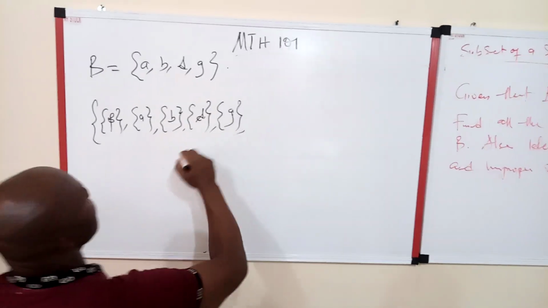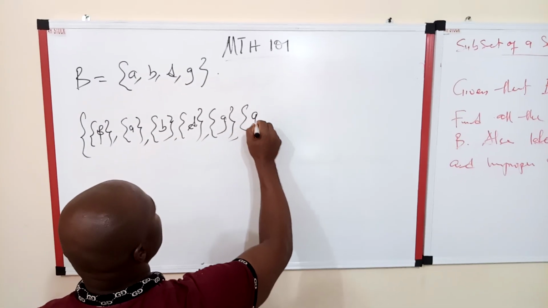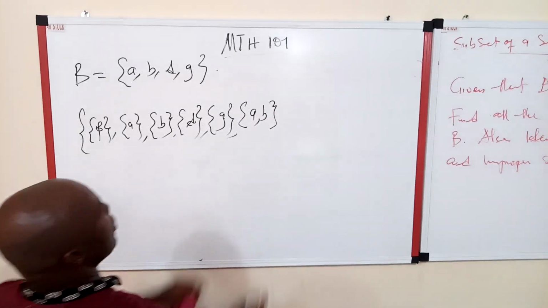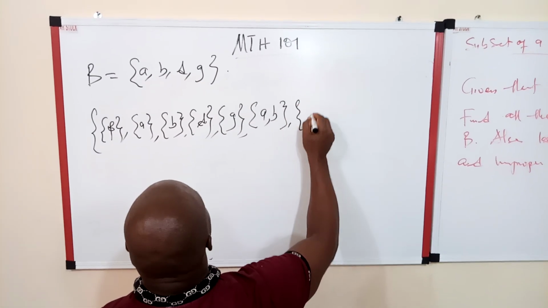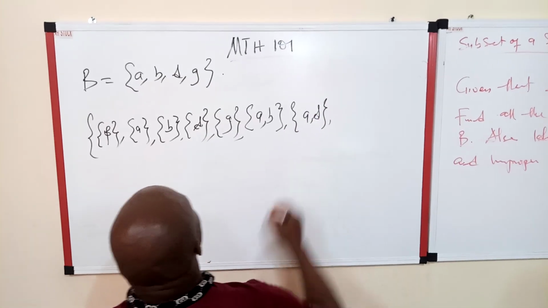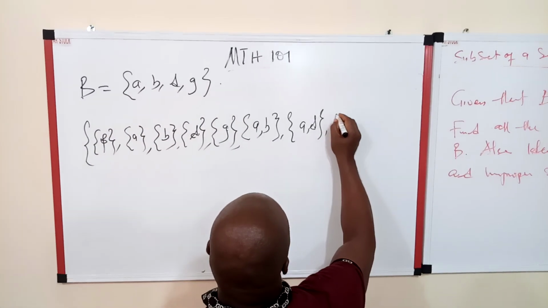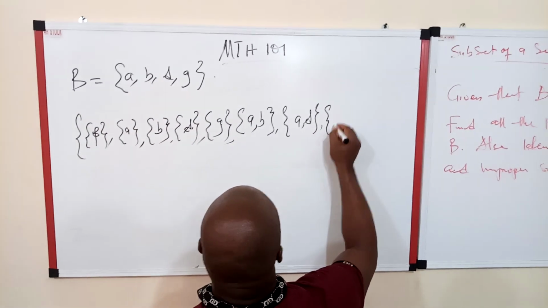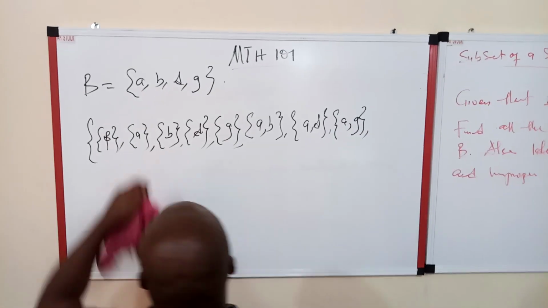That's not only that, we can combine two. A and B is also a subset of this set. A and D are also subsets, A and G are also subsets.